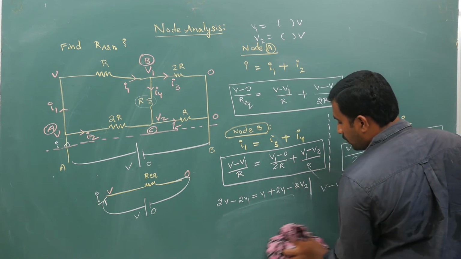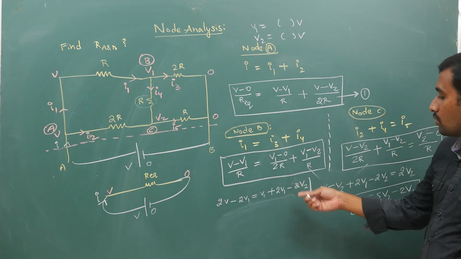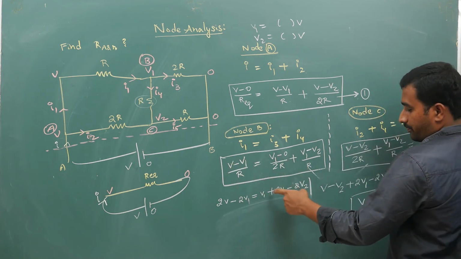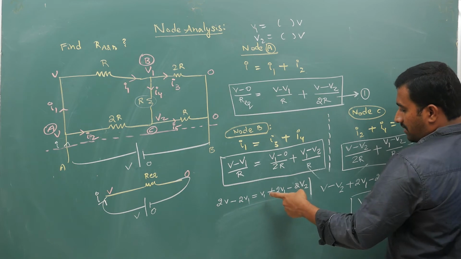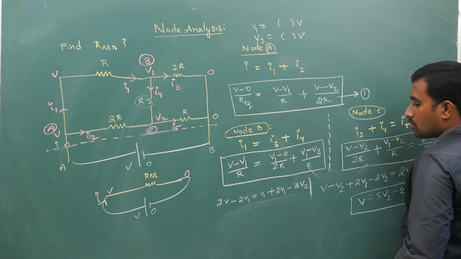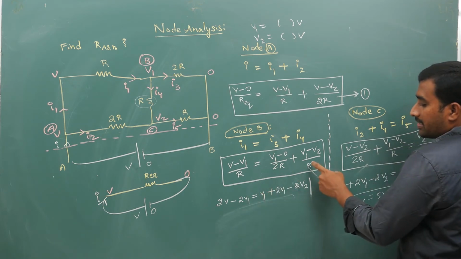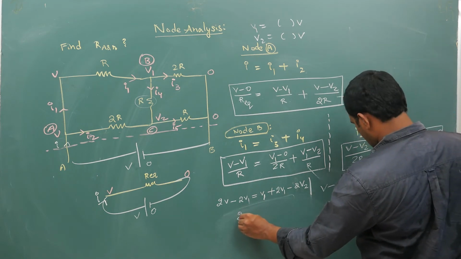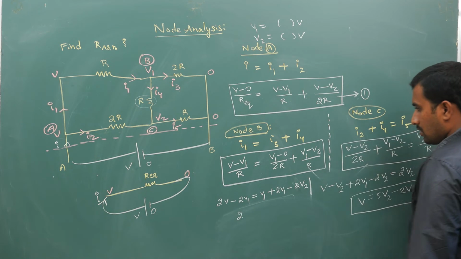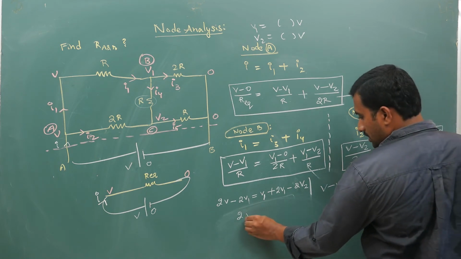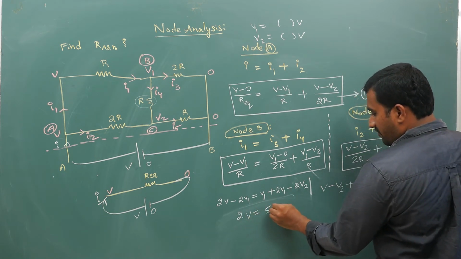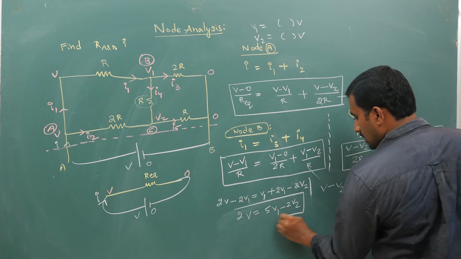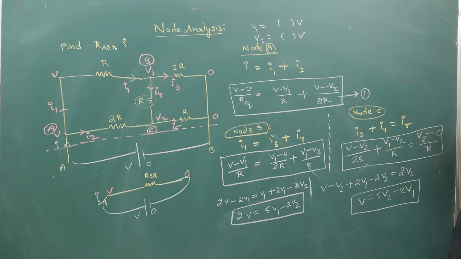Multiplying with 2, 2V minus 2V1 is equal to V1 plus 2V1 minus 2V2. Here you have denominator R, sorry. So your simplified expression is 2V is equal to 5V1 minus 2V2. Yes, now I think I have done it correctly.